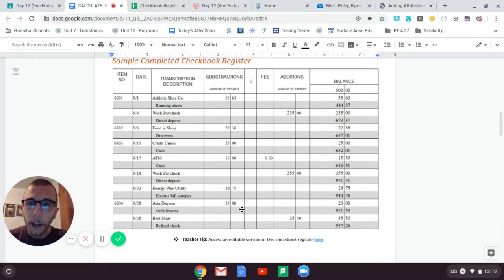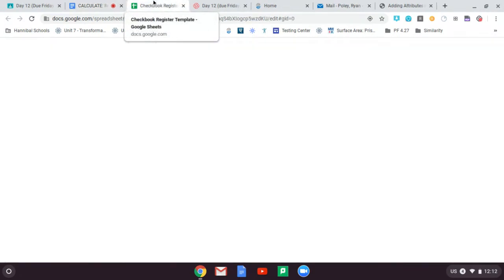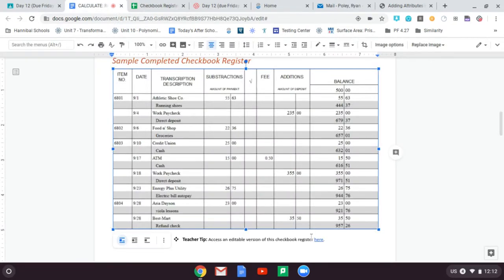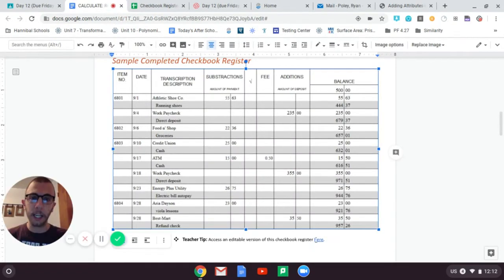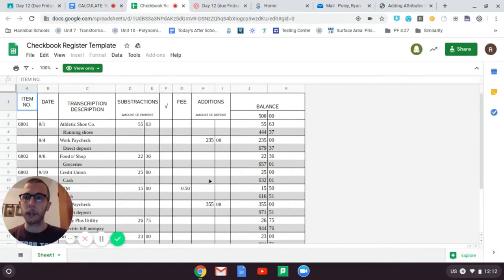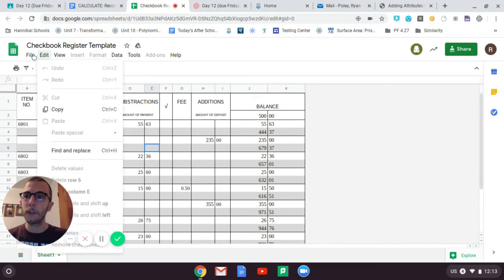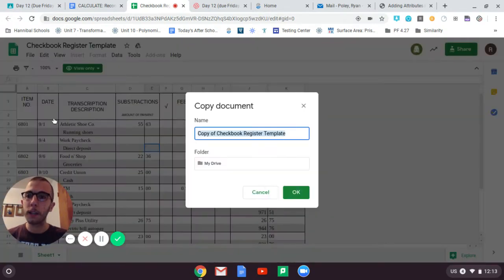Okay, so in order to write in this chart here, go to this link here, and that opened up this window here. Now in here, again, of course, it says view only. So if you go to File, Make a Copy, I know it's a little tedious making all these copies, but it's for a good reason.